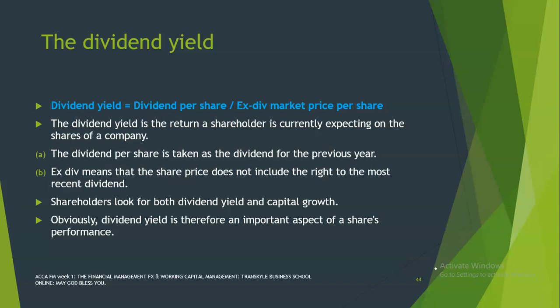The dividend per share is taken as the dividend for the previous year. Ex-div means that the share price does not include the right to the most recent dividend. Shareholders look for both dividend yield and capital growth. Obviously, dividend yield is therefore an important aspect of a share's performance.